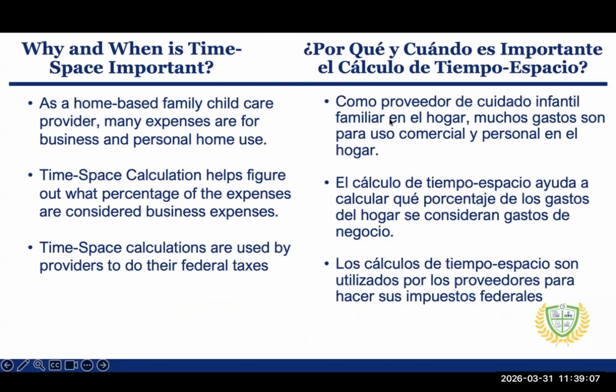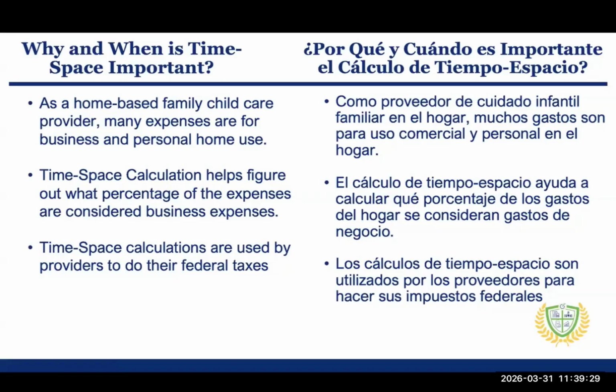As a home-based family childcare provider, many expenses are for both business and personal home use. So time space helps figure out what percentage of expenses are considered business expenses.